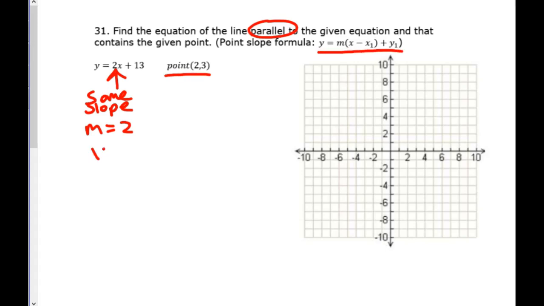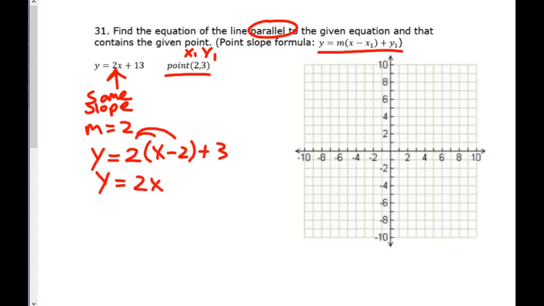So y equals m, so 2, parentheses x minus x1, which is 2, parentheses, plus y1, which is 3. Distribute, y equals 2x, 2 times negative 2, minus 4, plus 3. Combine these like terms, y equals 2x minus 1.